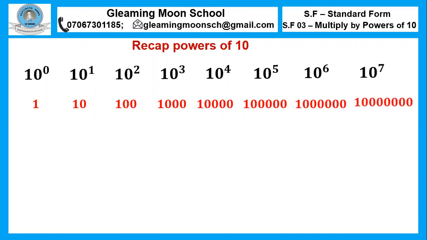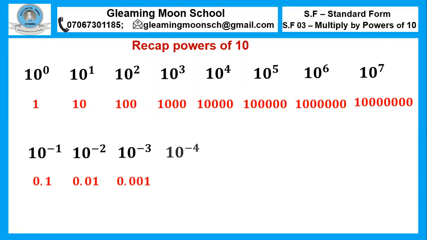Now let's look at the negative powers. See if you remember what we said the negative powers are. 10 to the power of negative 1. What is it? Absolutely fantastic. That is 0.1. And 10 raised to the power of minus 2 is 0.01. Minus 3, 0.001. Minus 4, 0.0001.